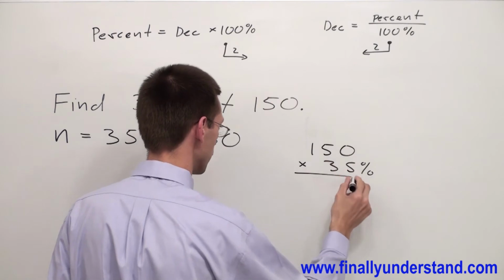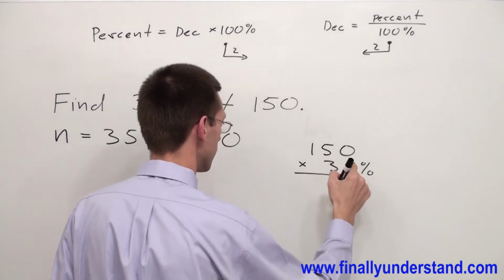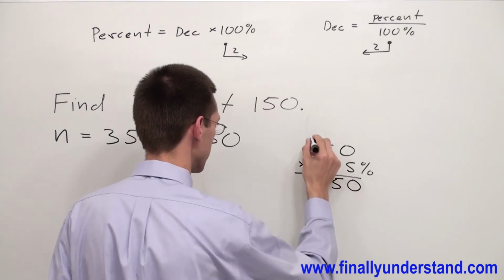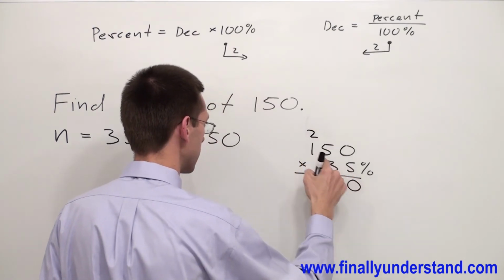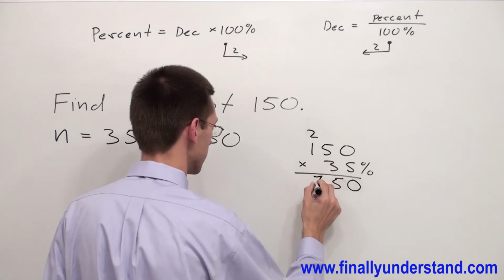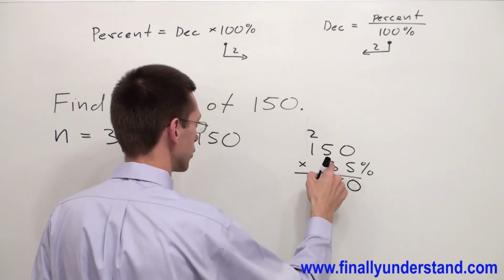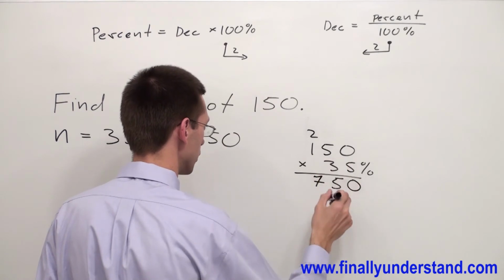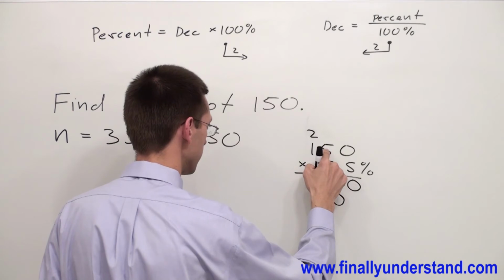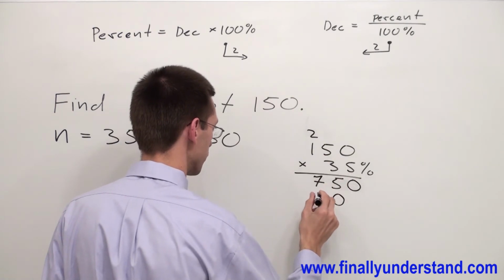35%. 5 times 0 is 0. 5 times 5 is 25. I write 5 and carry 2. 5 times 1 is 5 plus 2 is 7. 3 times 0 is 0. 3 times 5 is 15.